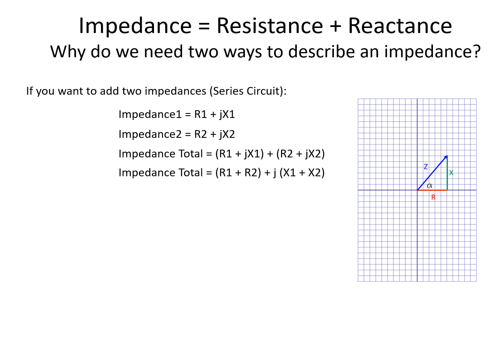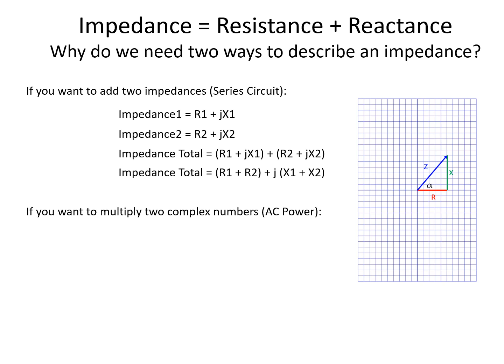So that's the reason for using the rectangular coordinate system. If you have an impedance in this rectangular coordinate system, it's very easy to add impedances this way.